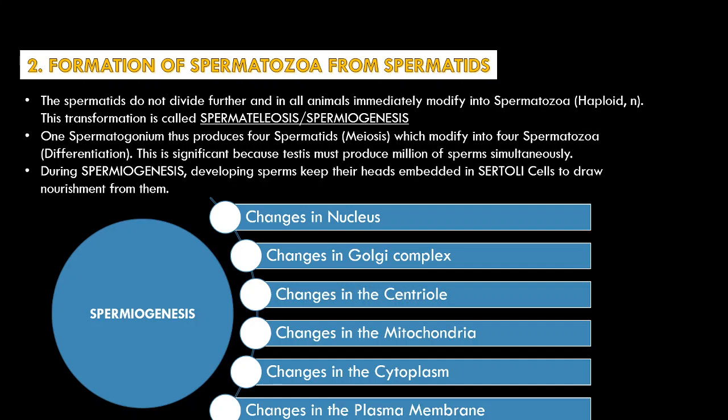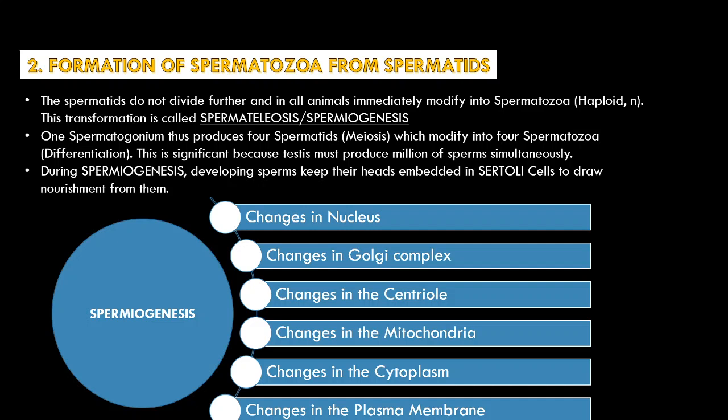This transformation is called spermateleosis or spermiogenesis. So one spermatogonium gives rise to 4 spermatids, which then modify or differentiate into 4 spermatozoa. This step is quite significant because the testes must produce millions of sperms simultaneously.